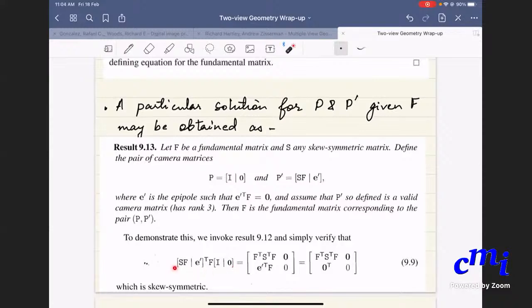So this is P prime transpose F and then P, and if you simplify that just as block matrices, then we get this, which is a skew symmetric matrix because S is skew symmetric. So that shows that we have P and P prime being one solution for a pair of camera matrices given F. Is this clear?